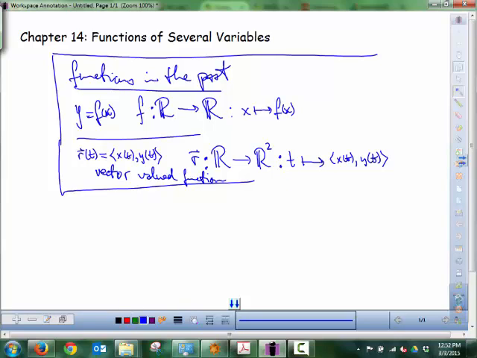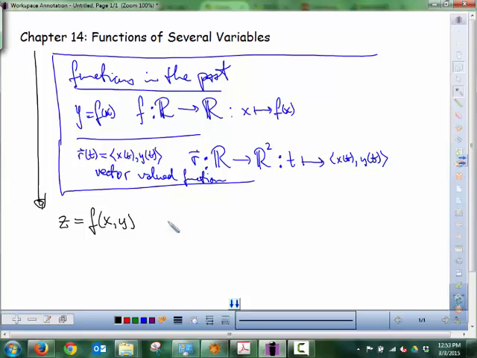Today, when we talk about this new stuff, we're going to look at it in a couple of different dimensions. Usually the convention is to consider a function of 2 variables as something that can be set equal to z.